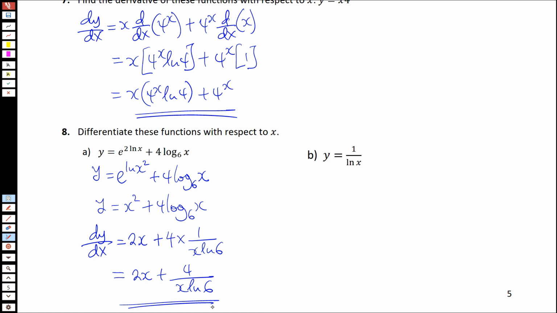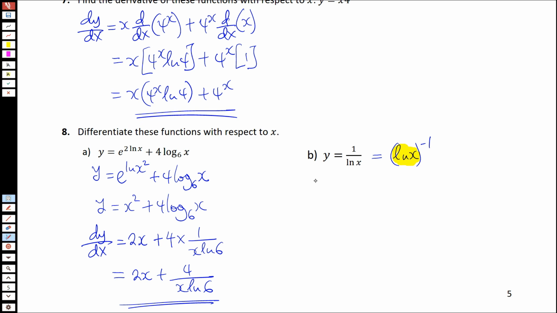In part B, we can rewrite this as ln x to power negative 1. So just ln x to power negative 1. And then we apply chain rule because we have a function inside and another one outside.